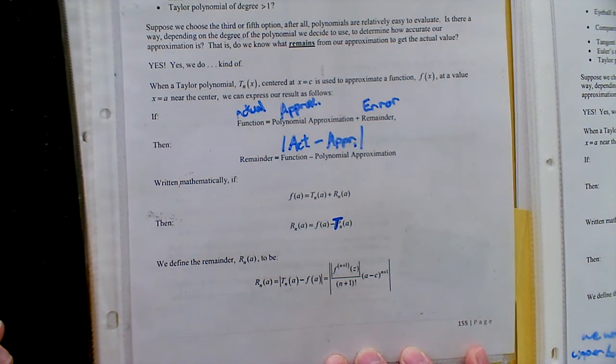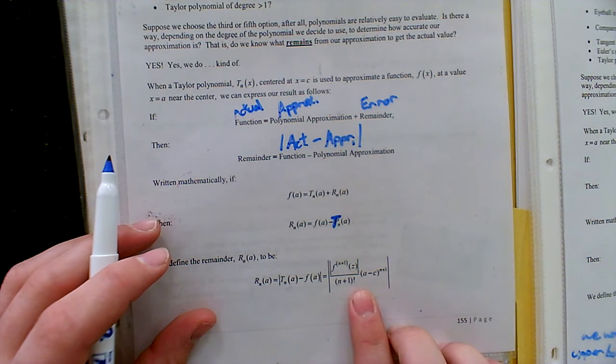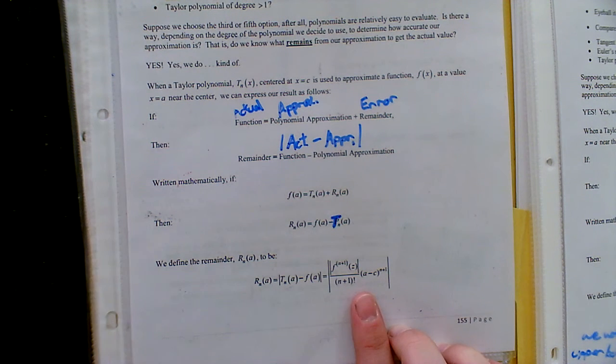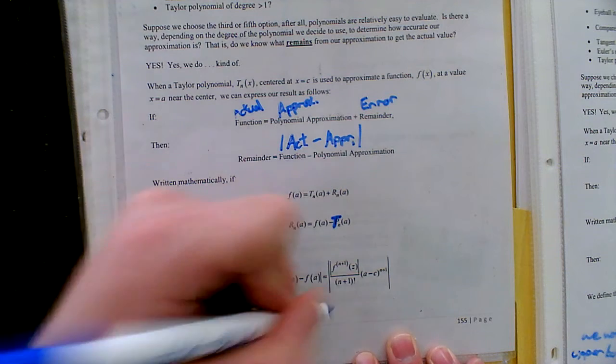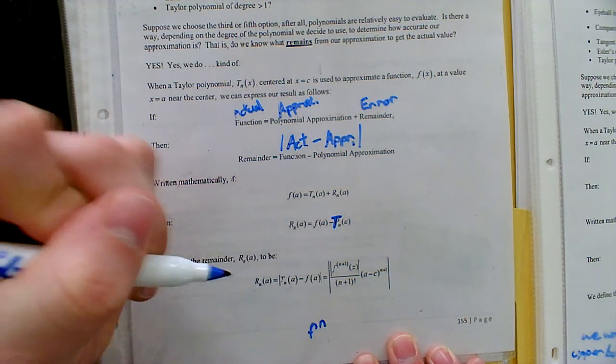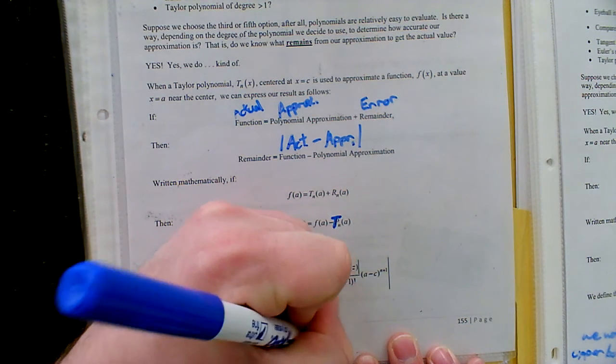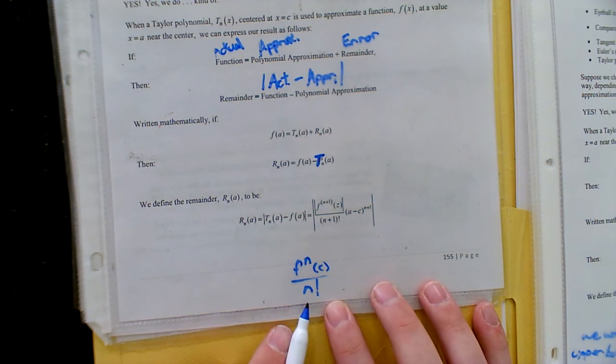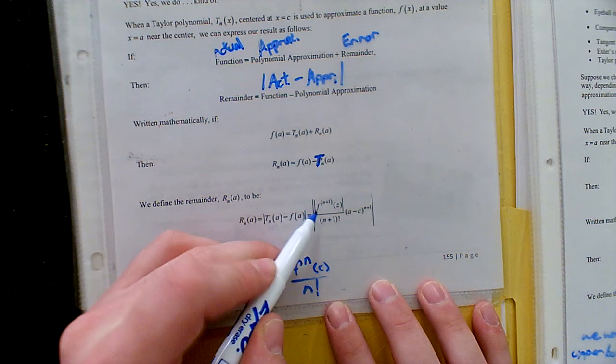But we're going to say multiple things about this because there's similarities to the Taylor series. We can see the Taylor series was f to the n of the center over n factorial. Again, when we were doing Taylor series, that's how we found all of our coefficients. So this is similar.